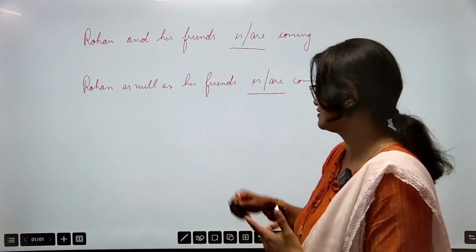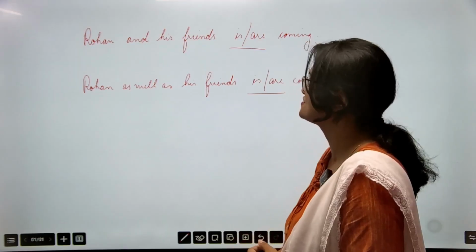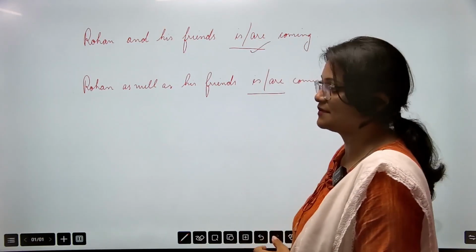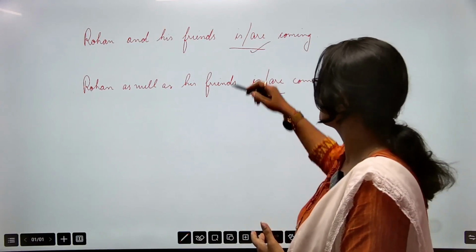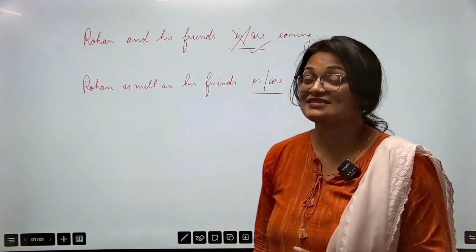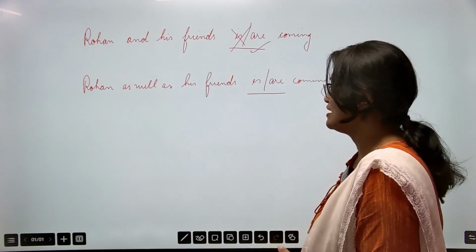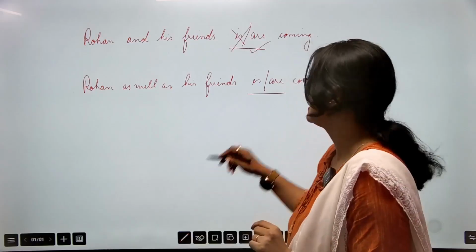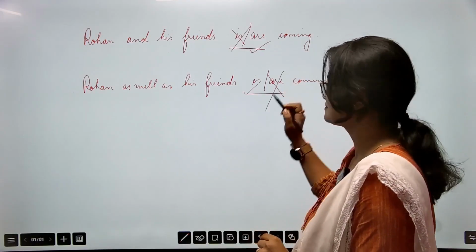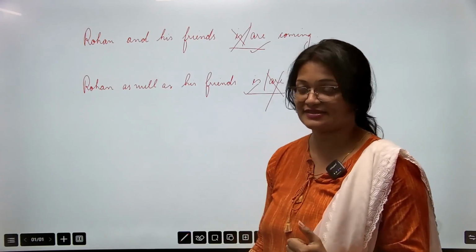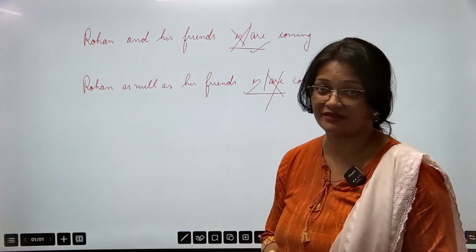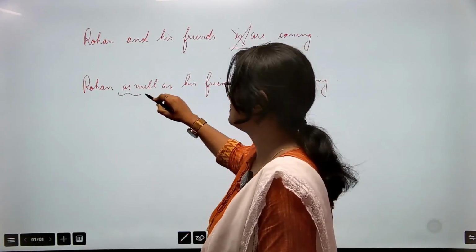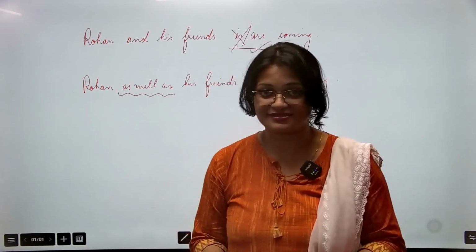In the first sentence, Rohan and his friends are coming. Obviously, we know this from our very childhood, isn't it? But in the second sentence, Rohan as well as his friends, not are but is coming. Now, how do we understand this? It's is, by the usage of this word as well as.